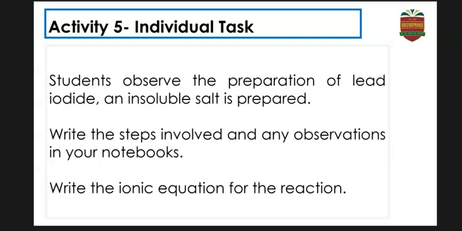Then also write the ionic equation for the reaction. So this is basically an experiment on the preparation of lead iodide. Even though you are going to write the steps down individually, you can discuss with your peer as you assess the procedure as a pair, but you're writing down your observation individually. Okay, so I'm going to play the video now and you observe the demonstration.